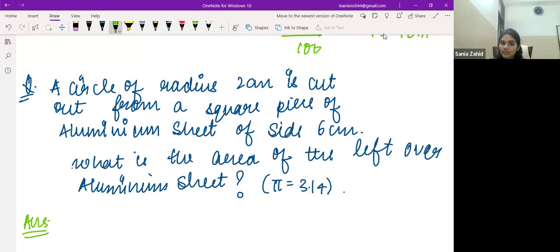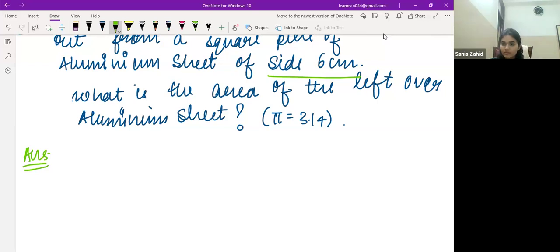So there is a circle of radius 2 centimeter which is cut out from a square piece of aluminium sheet of side 6 centimeter. I have to find out the area left over of the aluminium sheet. So what will you do? First, radius is equal to 2 centimeter, side is equal to 6 centimeter.